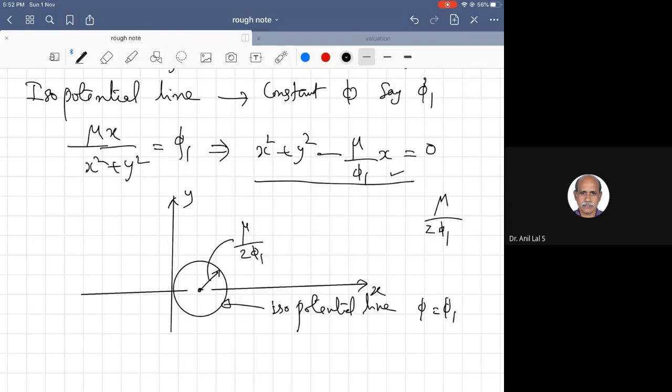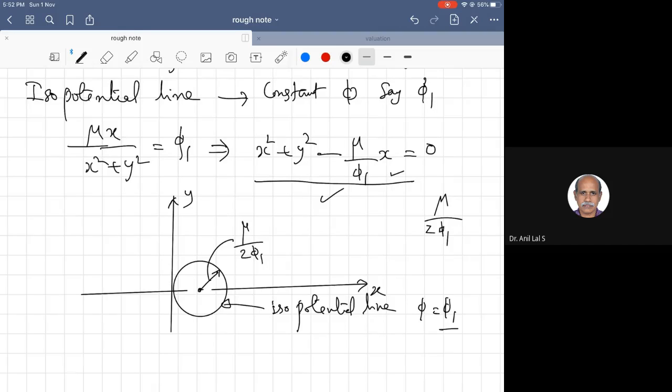So similar lines you can draw for different values of phi. All that will be circles, all having the same structure, circles touching the y-axis. So there is another circle which is touching the y-axis like that.